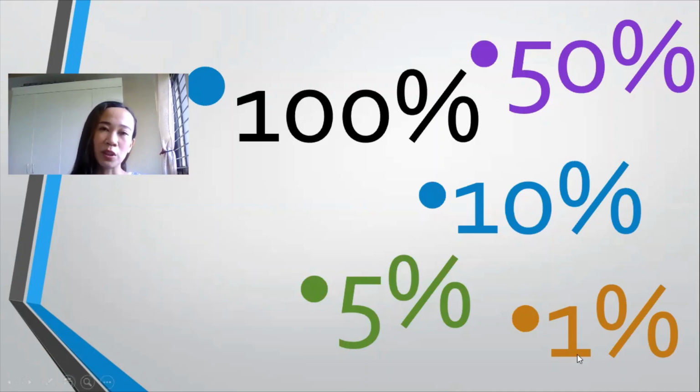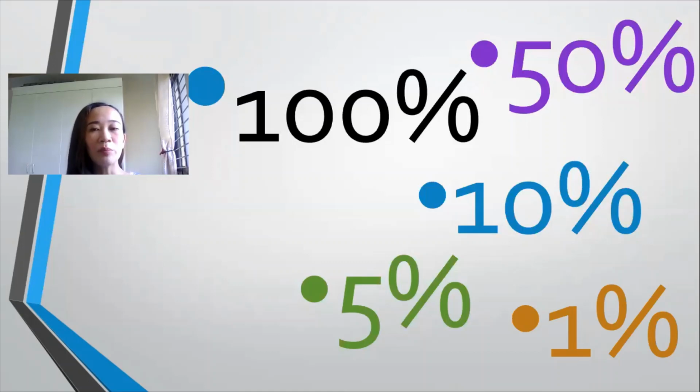So all we have to do in mental math is to remember this: 100%, 50%, 10%, 5%, and 1%. So for example, when I say 100% of 90, then it means the whole 90. So our answer is 90. When I say 50% of 90, then it just means 45. It means the half of 90. So it's 45.